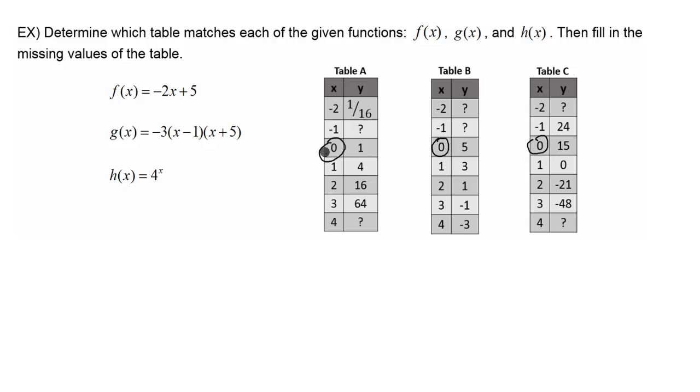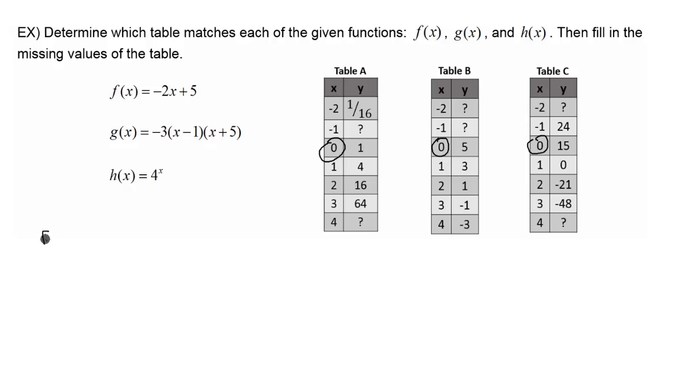Now I'm going to plug my input of 0 into this function and figure out which output, or which y value, I'm going to get. If it's 1, then I match up f of x with table A. If it's 5, that's what f of x is. If it's 15, then table C goes with f of x. So let's go ahead and get started.